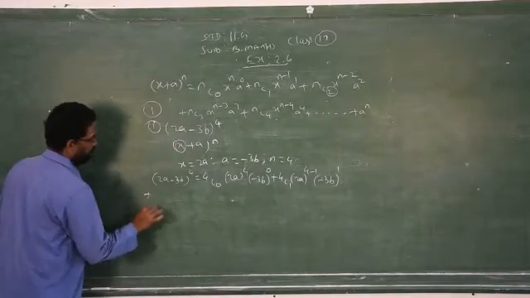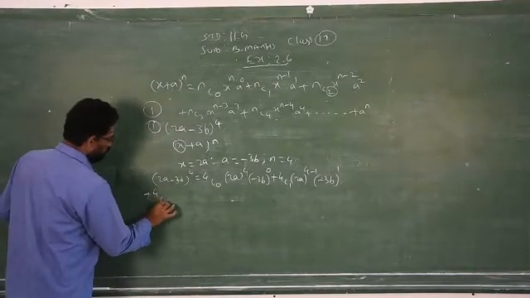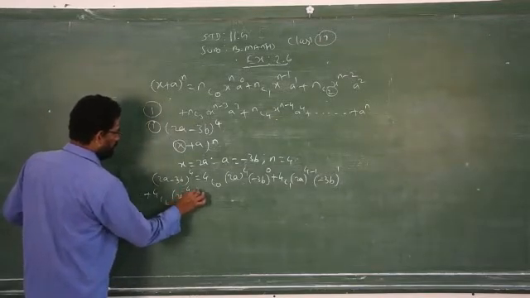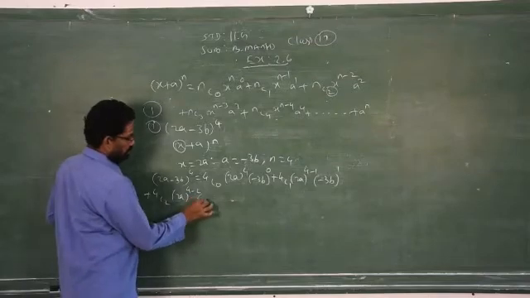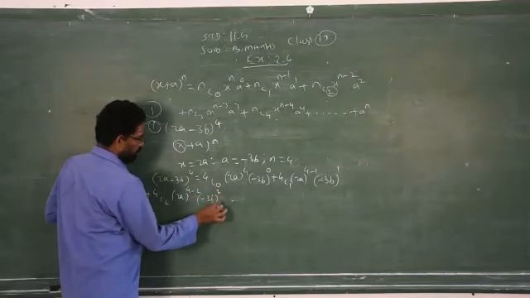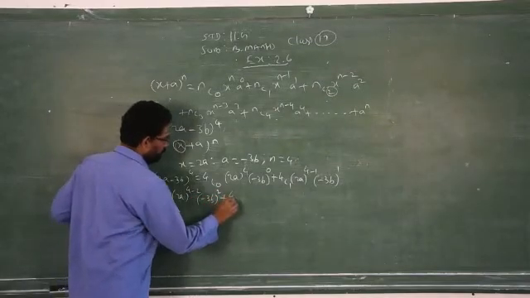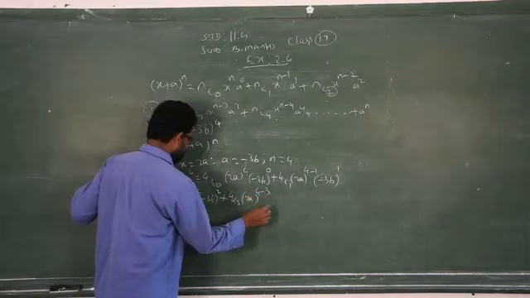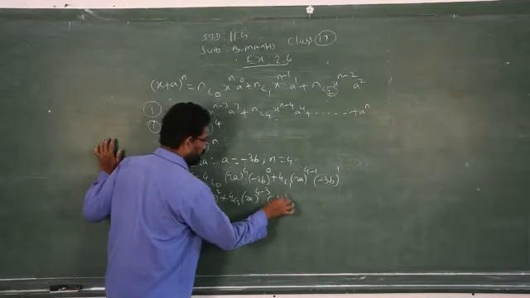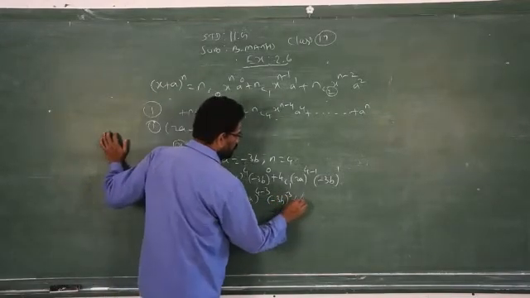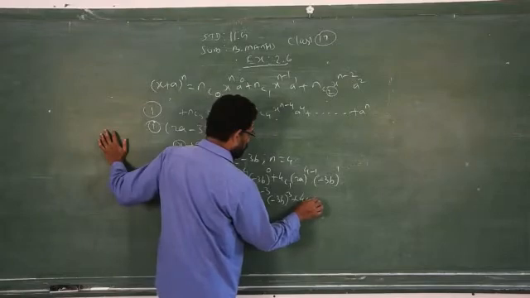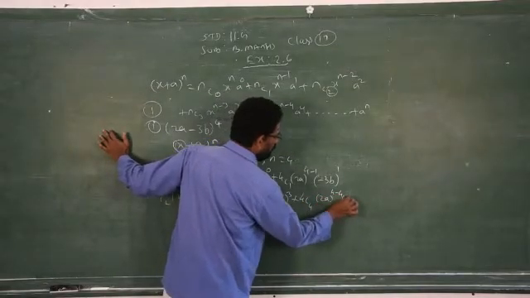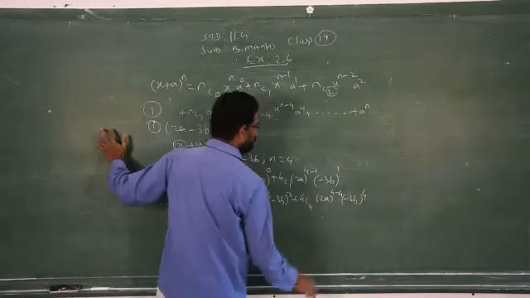Here plus 4c2, 2a power 4 minus 2, minus 3b whole square, plus 4c3, 2a power 4 minus 3, minus 3b power 3, plus 4c4, 2a power 4 minus 4, minus 3b power 4.